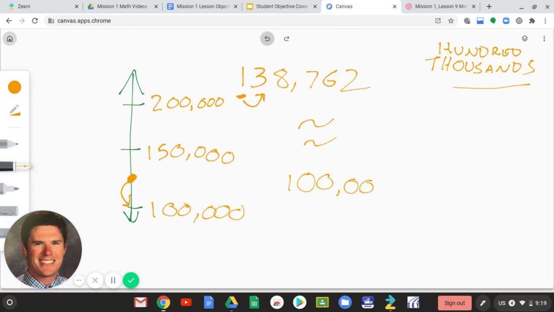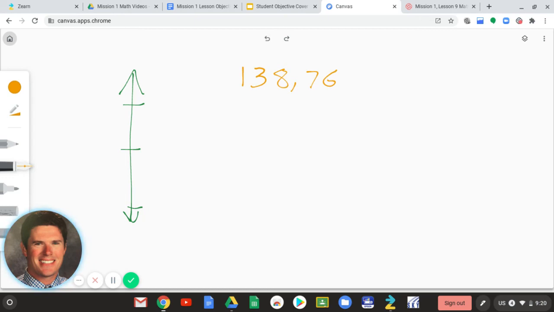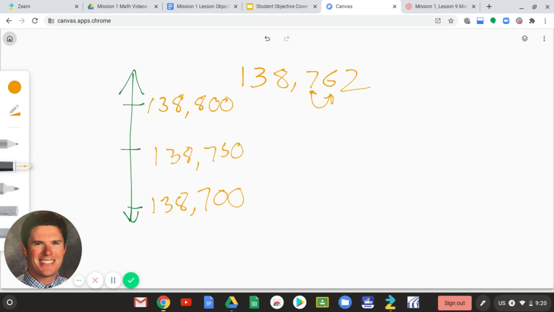Whereas if we were rounding to the nearest hundreds spot, that's either going to round up to 138,800 or down to 138,700, with 138,750 halfway.